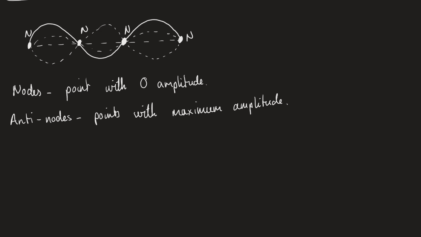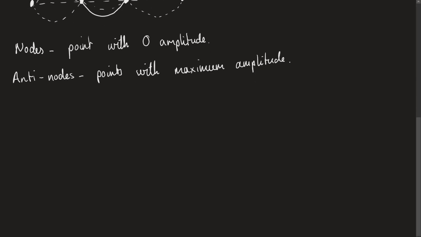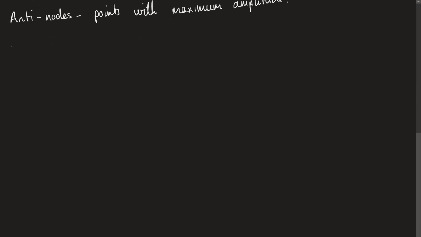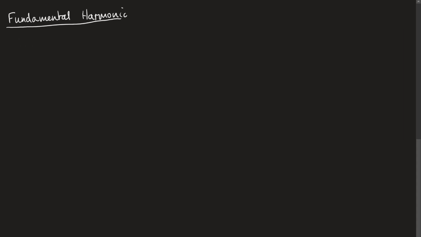So we're going to assume that there is a fundamental harmonic, meaning the smallest harmonic we can get. This idea of a fundamental harmonic is basically just saying it's the first harmonic that we can get.